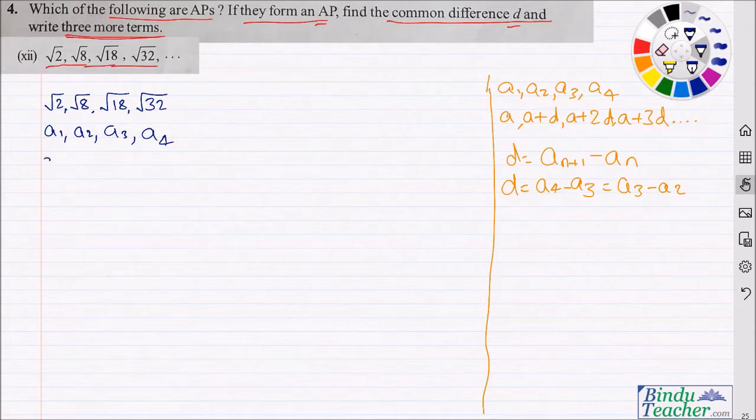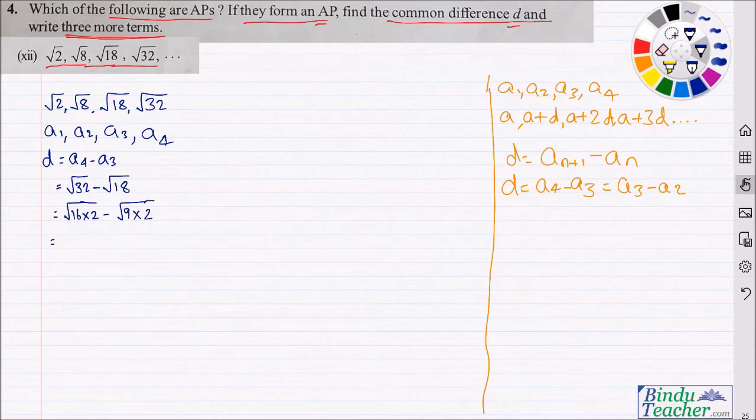So first we will calculate d equals a4 minus a3. The value of a4 here is root of 32 minus the value of a3, which is root of 18. Now let's try and simplify this. 32 can be written as 16 into 2 and 18 can be written as 9 into 2.